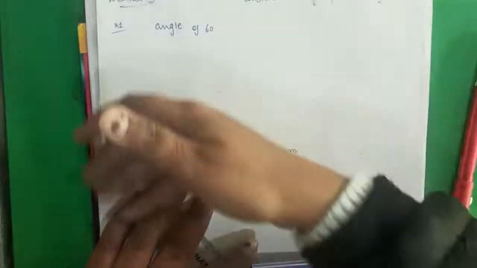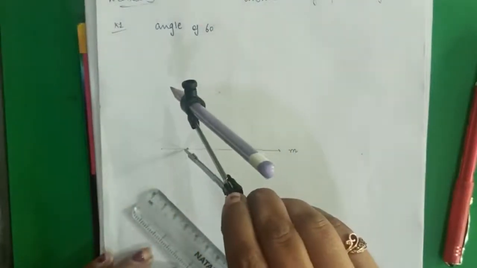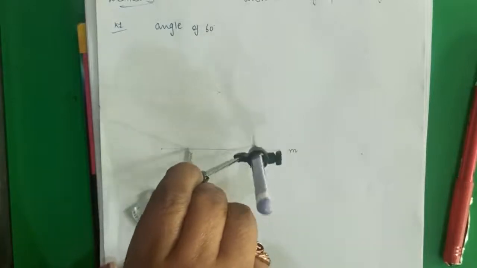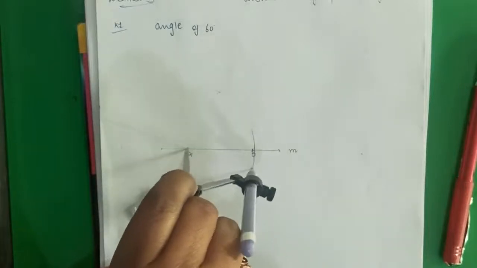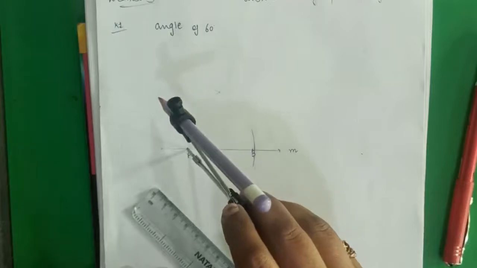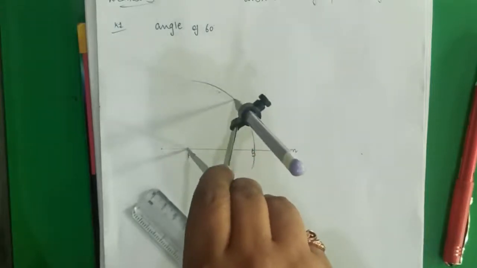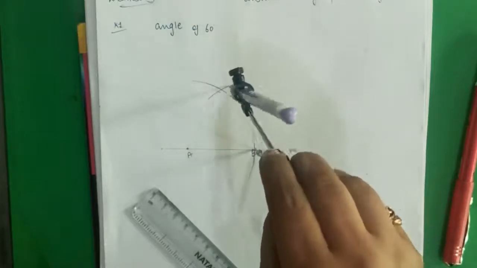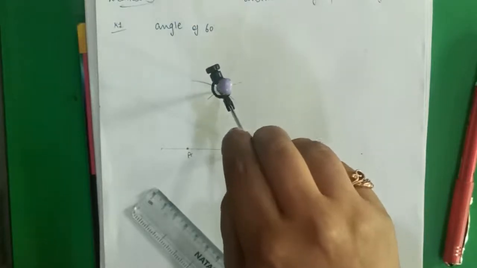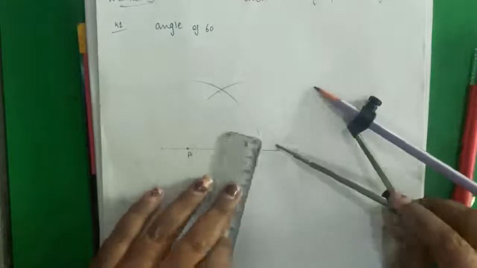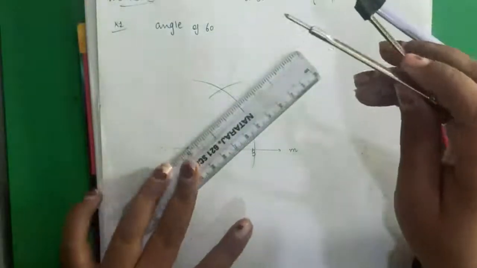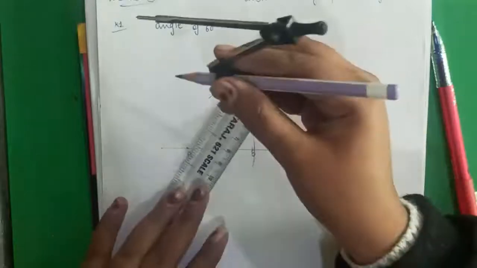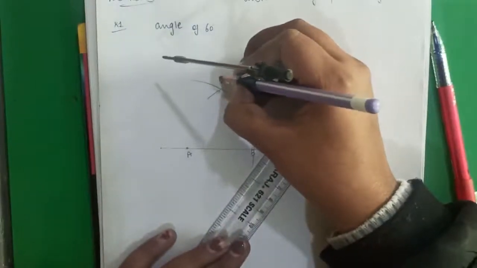First, open the compass to any radius, mark an arc that intersects the line M at point B. Now from point A mark one arc, and from point B also mark one arc. The point of intersection gives the angle of 60 degrees. Name the point of intersection of both arcs C.